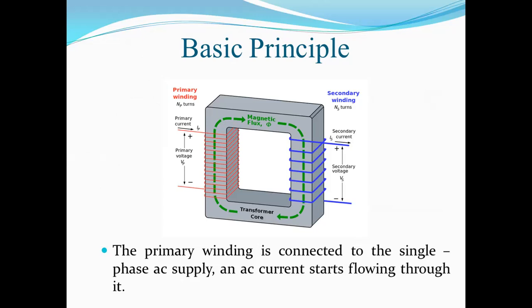What is the working principle of a transformer? It works on the mutual induction principle. The primary winding is connected to a single phase AC supply, and AC current starts flowing through it. Current flowing through any winding creates magnetic flux.